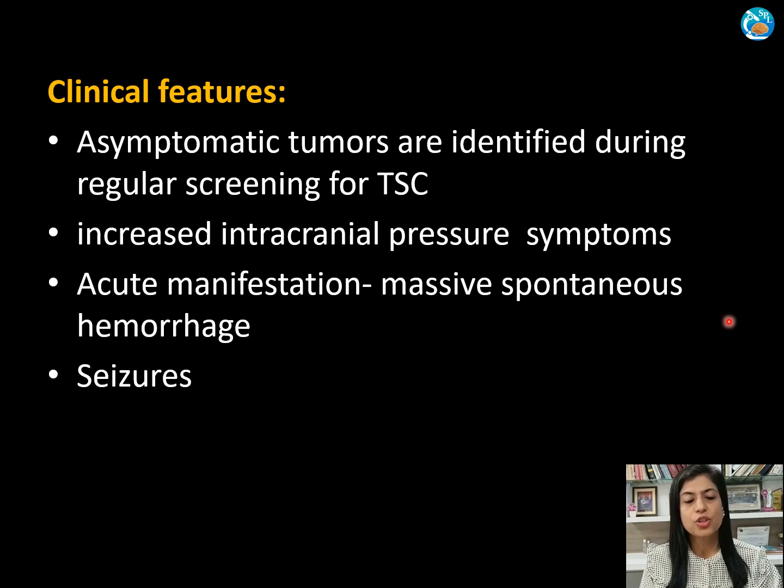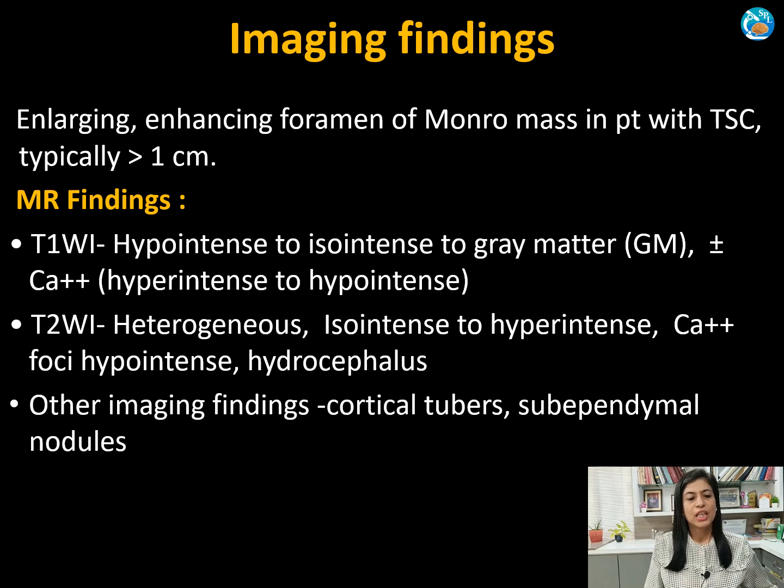Acute manifestation is due to massive spontaneous hemorrhage, and they may also present with imaging findings. SEGA appears as an enlarging, enhancing foramen of Monro mass in patients with tuberous sclerosis complex, typically more than 1 centimeter in size. On MR, these are T1 hypointense to isointense to the gray matter, and foci of calcification appear as hyperintense to hypointense.